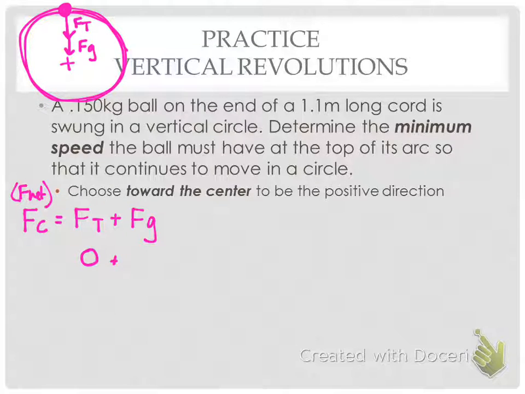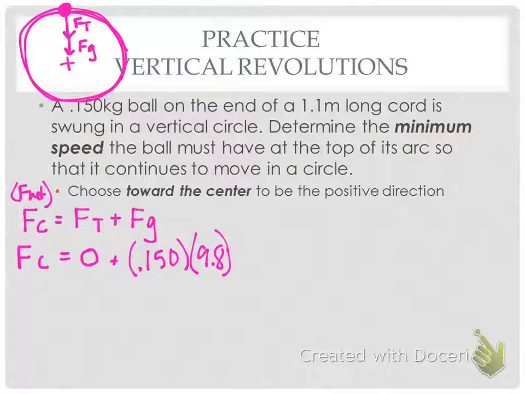How do we find FG? Good, mass times gravity, so 0.150 times 9.8. And that's equal to the centripetal force.